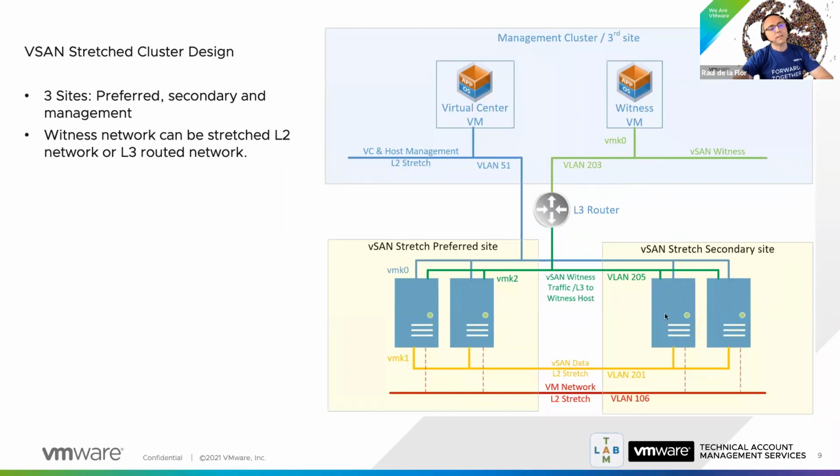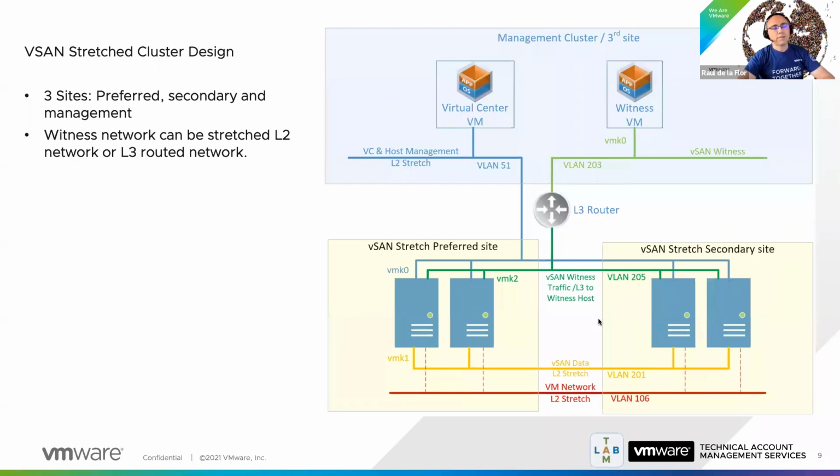Okay, the connectivity between the sites and the witness for the split brain situations can be layer 2. So imagine both sites are in the same building in different rooms, and they have layer 2 connectivity. That's a good scenario.